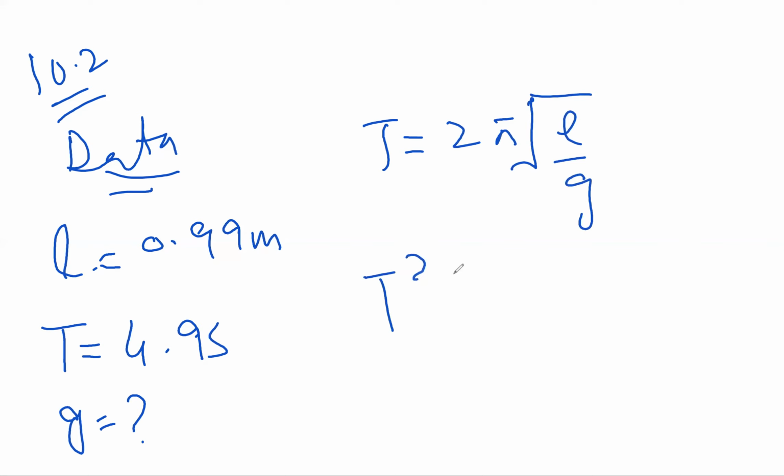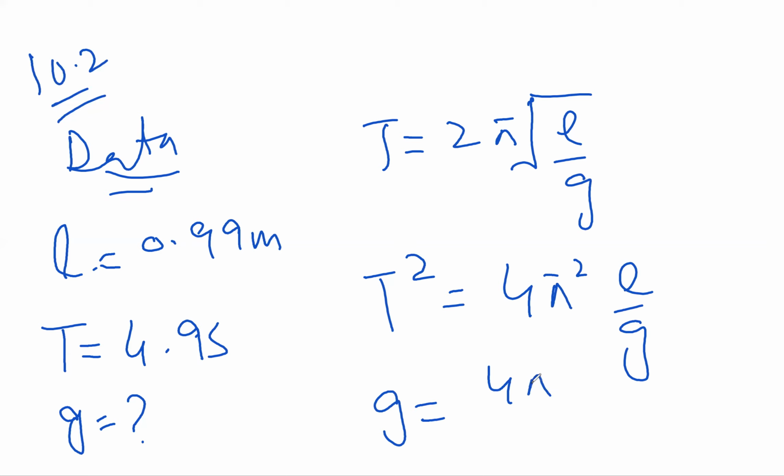Squaring, we will get T square is equal to 4 pi square L by g. So the value of g will become 4 pi square L divided by T square. Put the values, you will get the value of g.